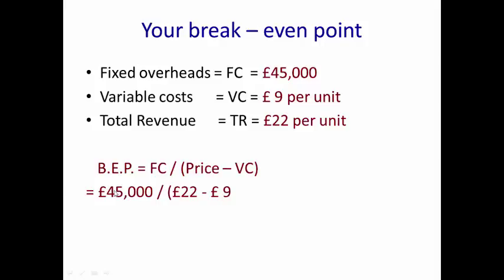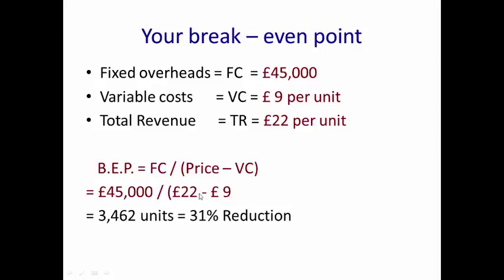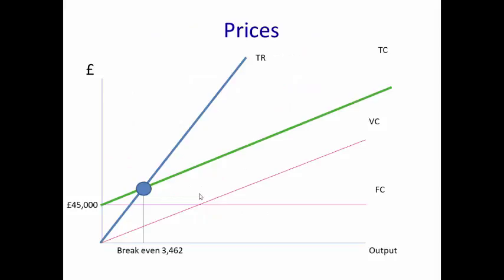Our break-even point would now be £45,000 divided by 22 minus 9, which is £13, which comes to 3,462 units instead of the previous 5,000, which means we can break even selling 31% less volume, as here.